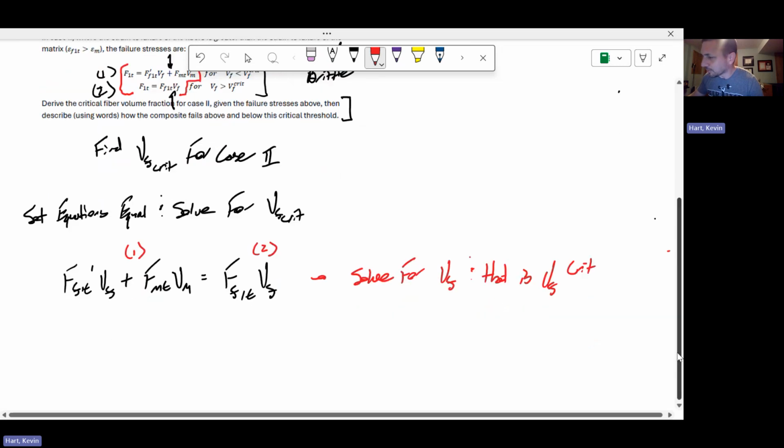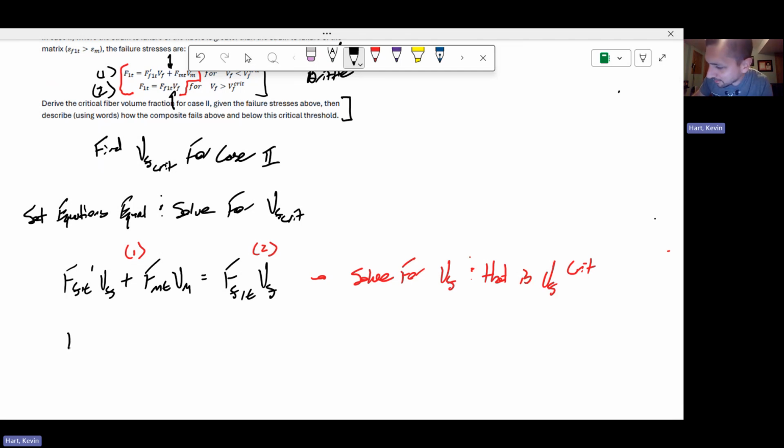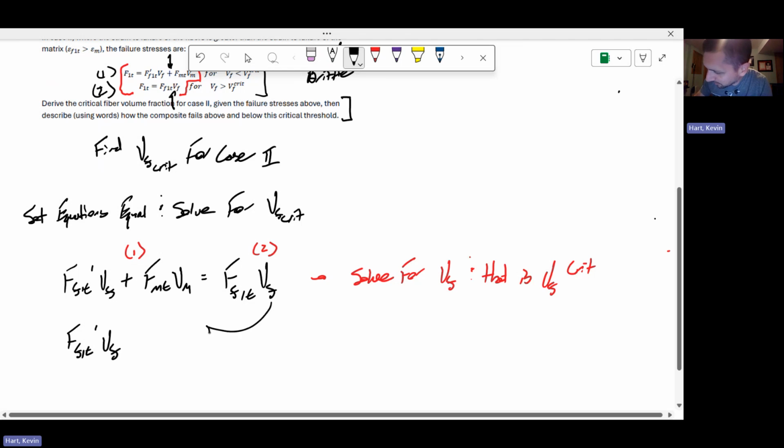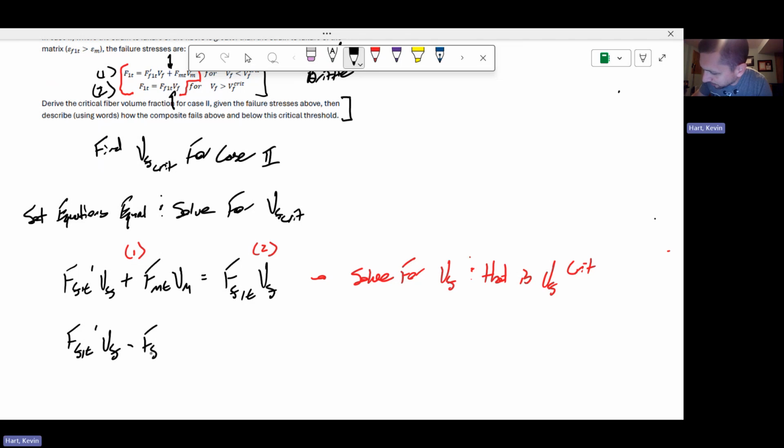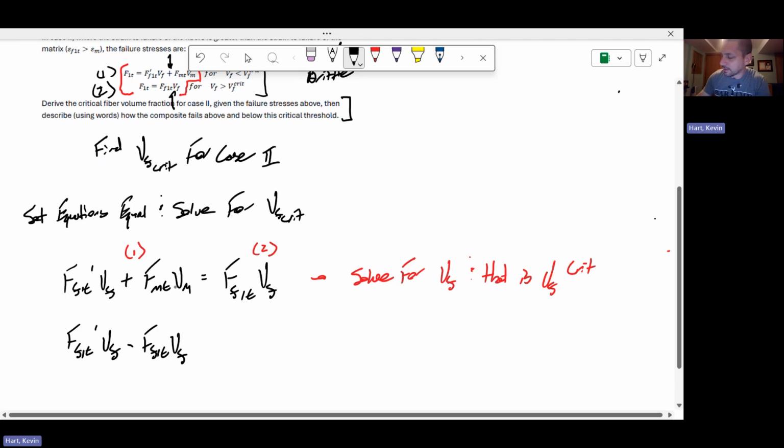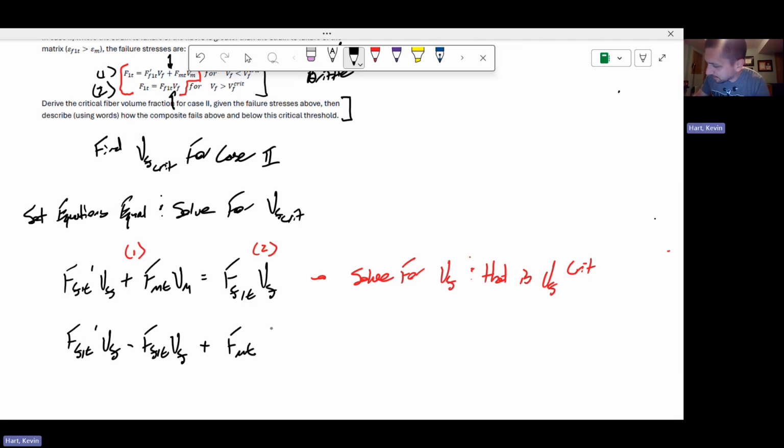Okay, so there is some algebra that you can work through here. You're trying to isolate VF, so you probably want to get all terms with VF on one side. So I'm going to do F1T prime VF, and move this over. This will be minus F1T VF plus FMT times VM, which is 1 minus VF, equals 0.